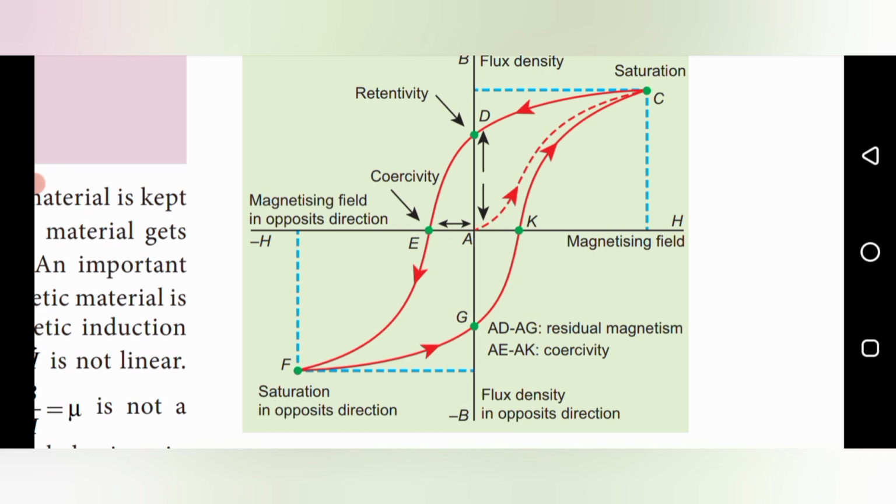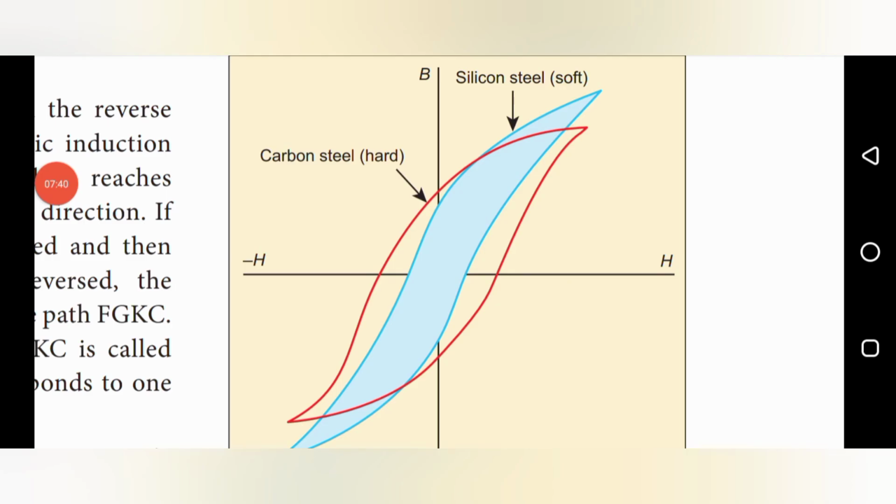Based on the shape and size of the hysteresis loop, ferromagnetic materials are divided into two types, hard and soft magnetic materials.